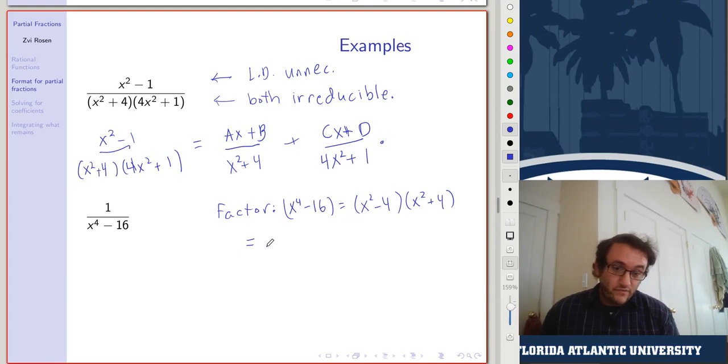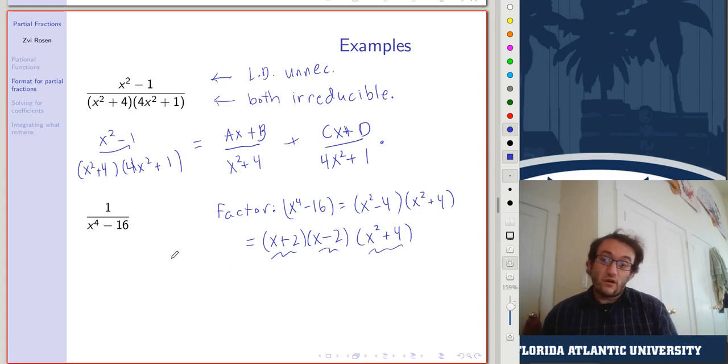And factoring further, we have x plus 2 times x minus 2 times x squared plus 4. And this is an irreducible quadratic, as we confirmed in the last example. So when we have a combination of the linear terms and the irreducible quadratics, we just deal with them as we would if they were on their own.